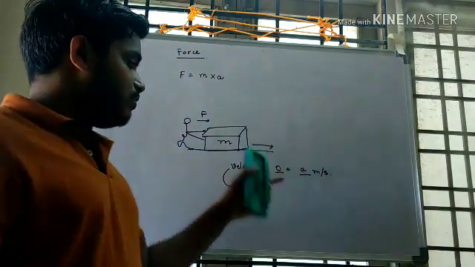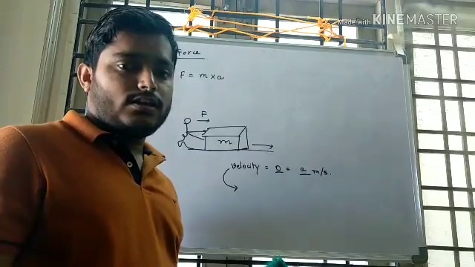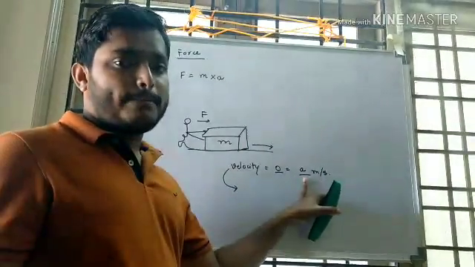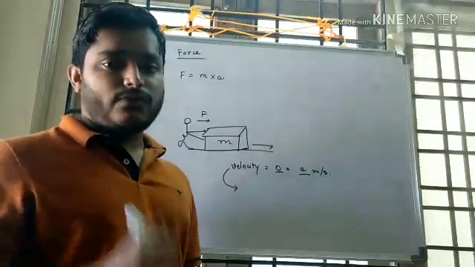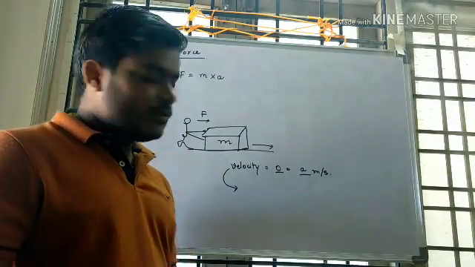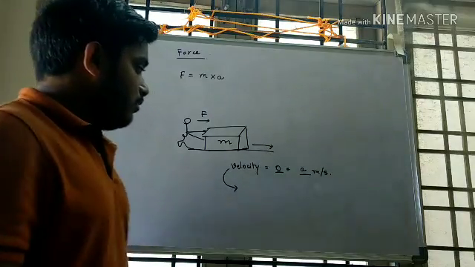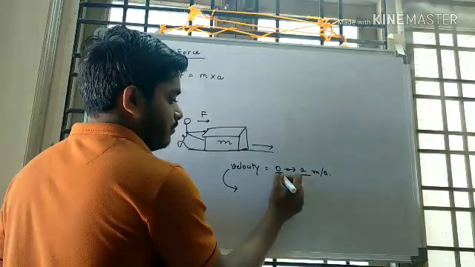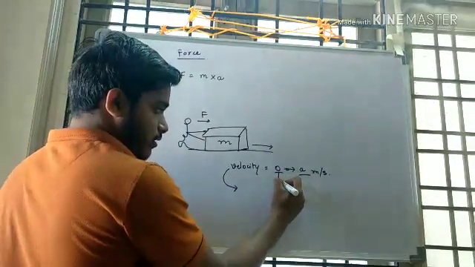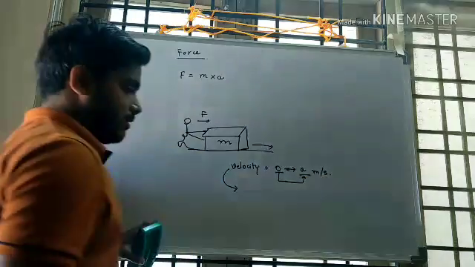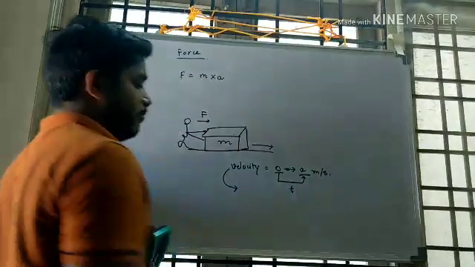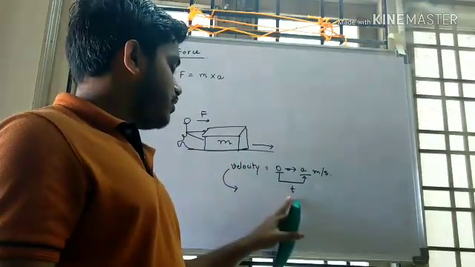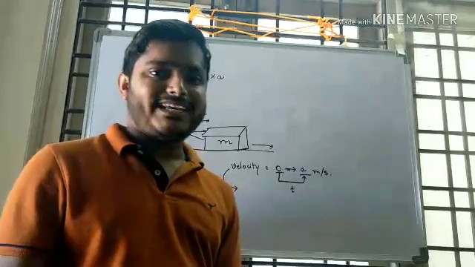That is, the object will travel a distance of a meters in the direction in 1 second. You can observe that the velocity changed from 0 to a meters per second in a time t. So the time taken for this change to happen is t.